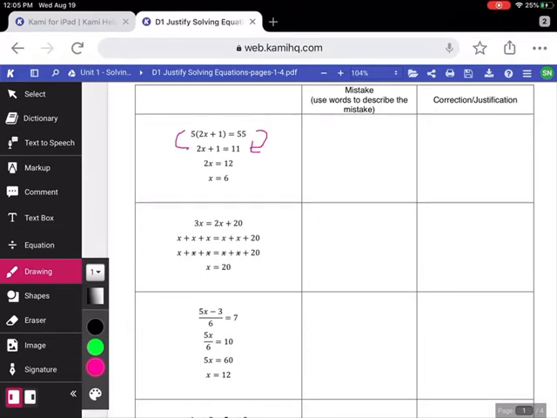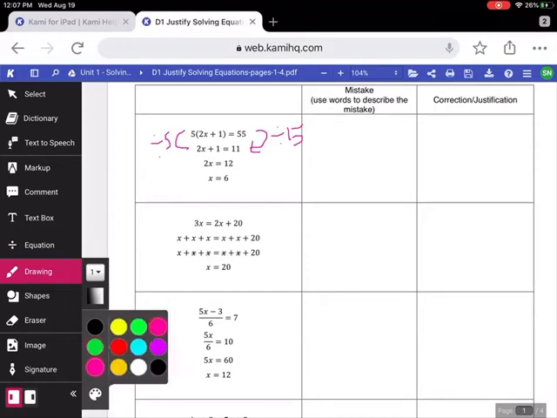So that tells me that in this step, this person divided both sides by 5, which is justified, because this is 5 times 2x plus 1, and to get rid of that 5, we undo it by dividing by 5. So that is correct right there.